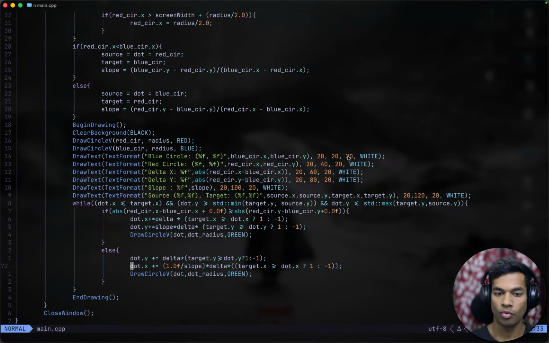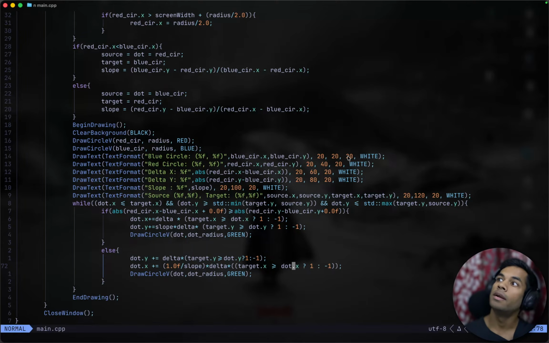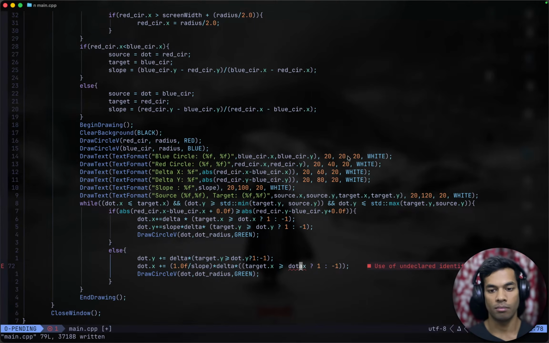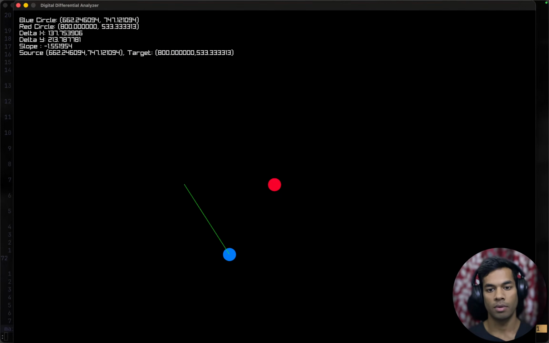When we were moving in the x direction, if target x is greater than source x, then we will increment our x, which is correct, but not here.